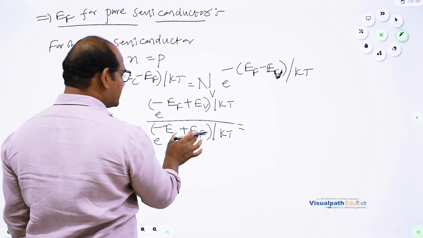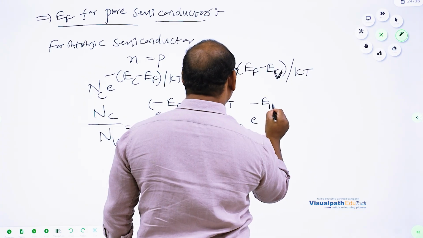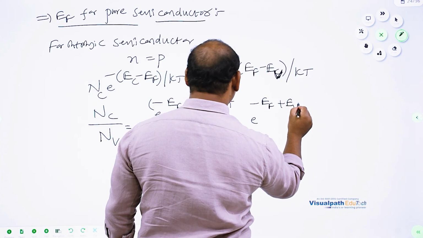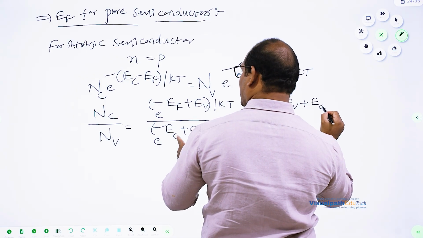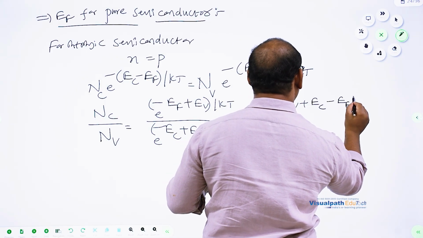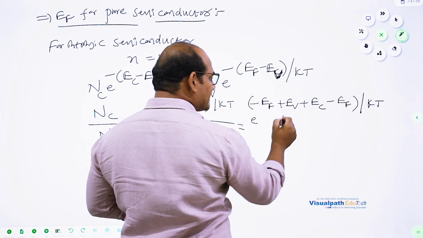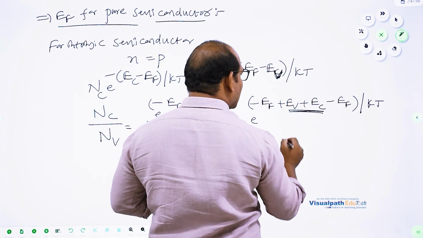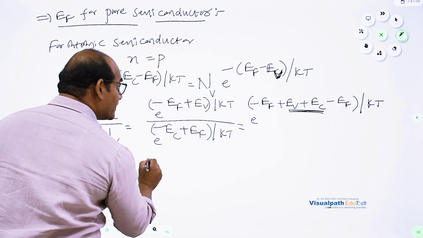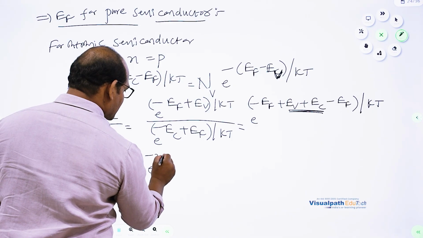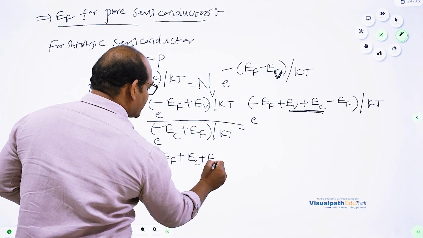Sending the denominator exponential to the numerator, you will get e power minus (EF plus Ev), and as it goes to the numerator it becomes plus Ec and minus EF, everything divided by KT. Here Ec plus Ev is available and EF is coming 2 times. So it is equal to e power minus (2 EF plus Ec plus Ev).